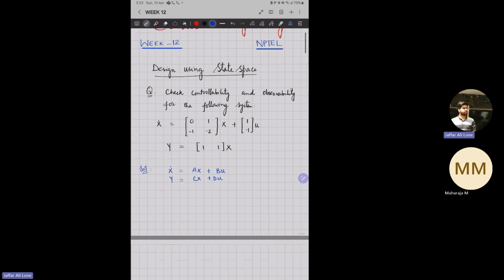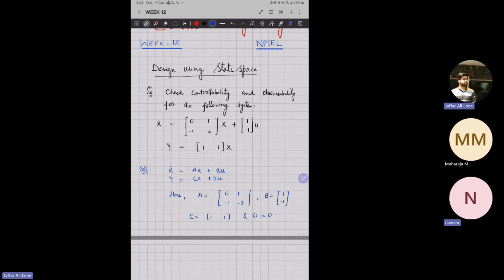Here we have A is equal to [0, 1; -1, -2], B is equal to [1; -1], C is equal to [1, 1], and D is equal to 0.